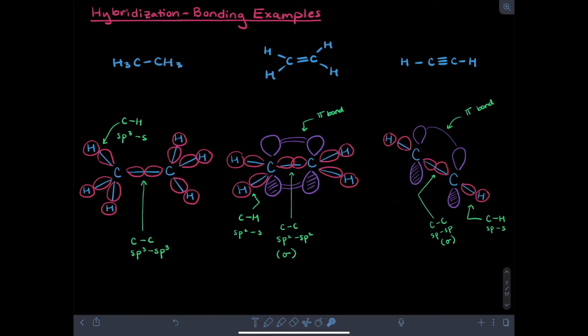The p orbitals on each carbon that are oriented in the same direction make up one of the pi bonds. And then orthogonal to the first pi bond, or perpendicular to it, we get side-to-side overlap of our second p orbital on each carbon to make the second pi bond.